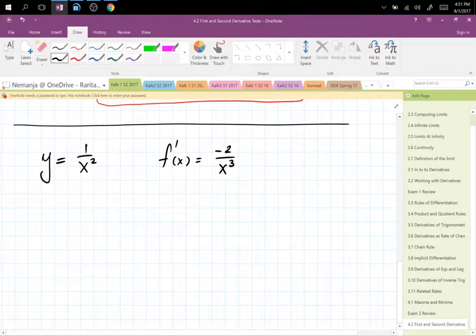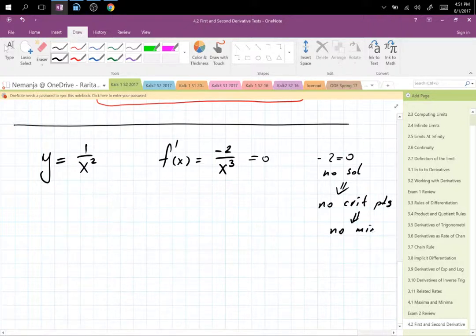If you know, right, x to the negative 2, drop down negative 2, and then minus 2 minus 1 is minus 3. So the derivative is this. When you set it equal to 0, you get negative 2 equals 0, no solution, which implies no critical points, which implies no min or max.